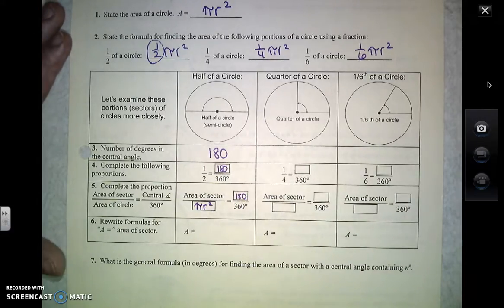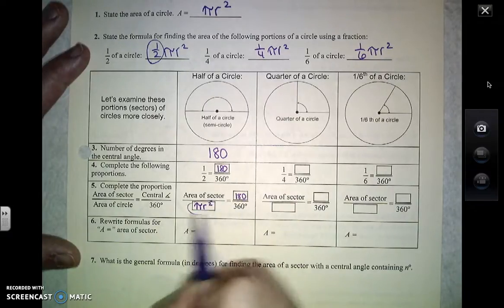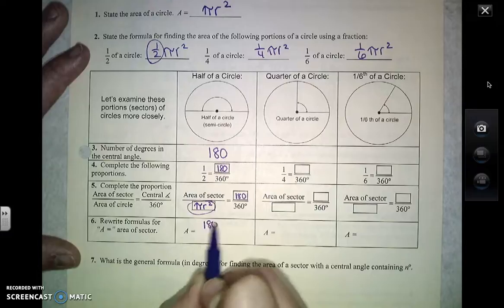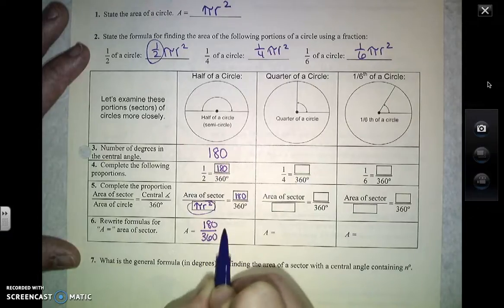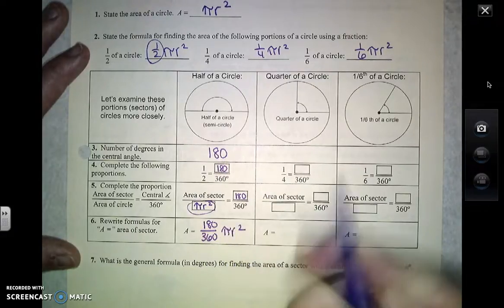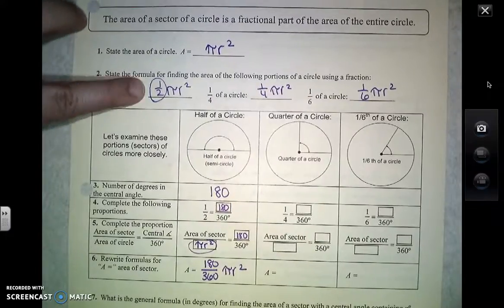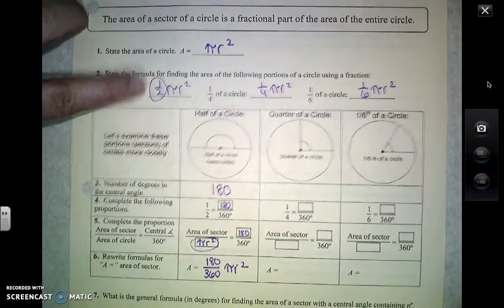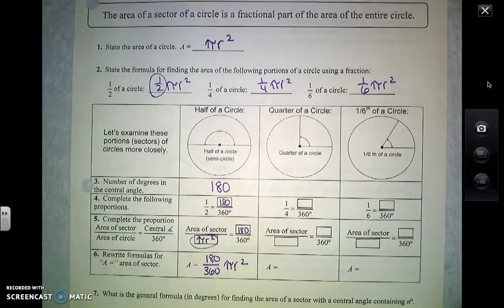So that's why the area is multiplied by 1/2. If I multiply this to the other side, I have 180 over 360 times pi r squared, which is the same thing as 1/2 pi r squared, but that's because the ratio is 180 to 360. So any angle that you have, you can replace into that 180.